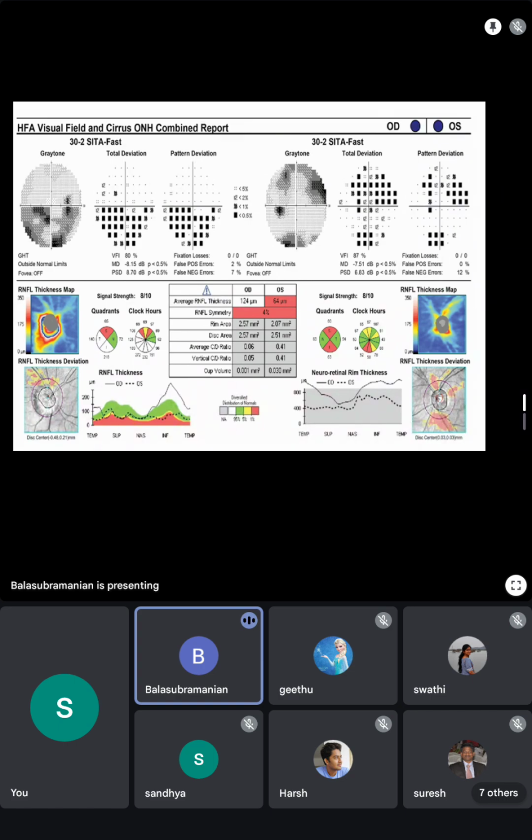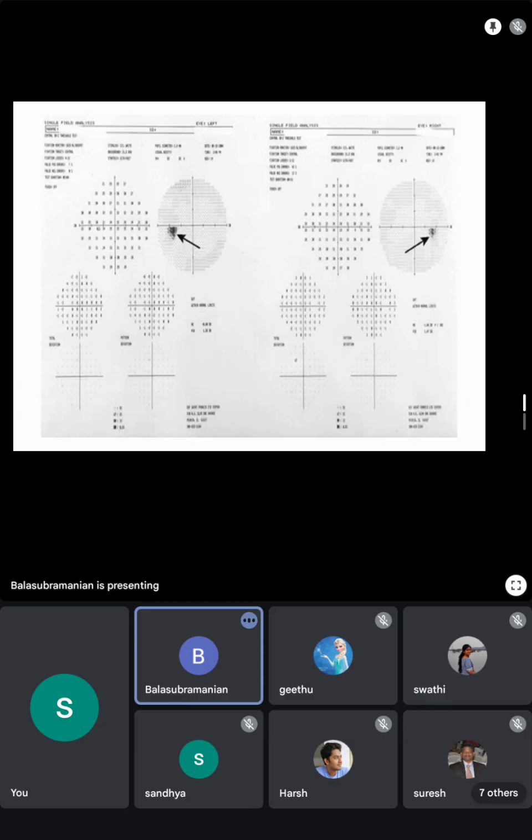Stepwise, we have progressed from single field to this. Here they are going to compare the green and red areas in the bottom, the curves, with the field defect, whether the thickness corresponds to the field defect.